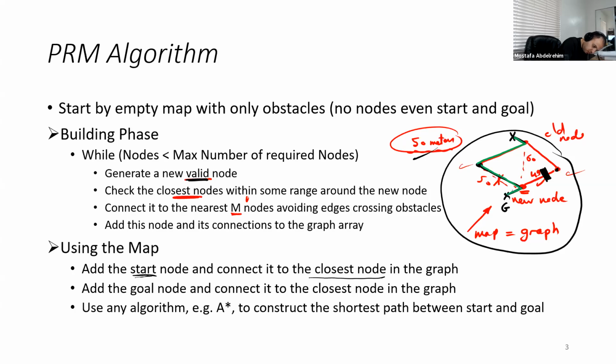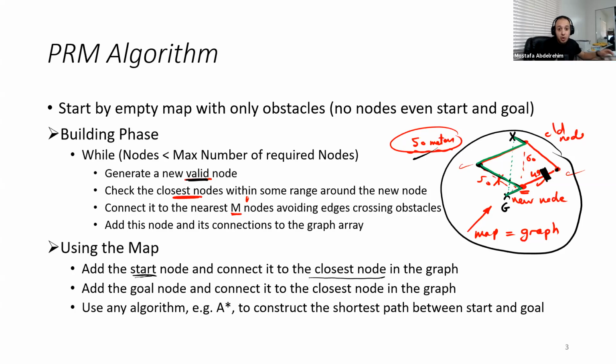Okay. And here, from that particular example, you might see that this path may not be the shortest path, by the way, because it's the shortest path based on the nodes that you have. But it might be a better option if you just connect the goal and the start location like this.